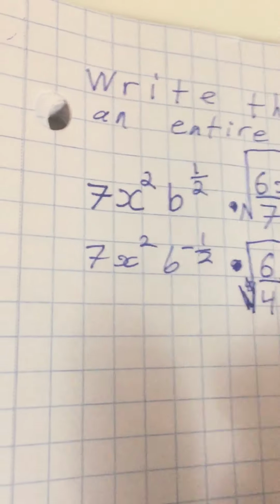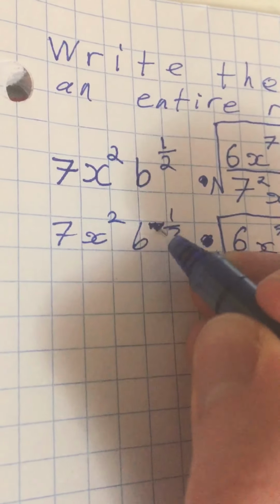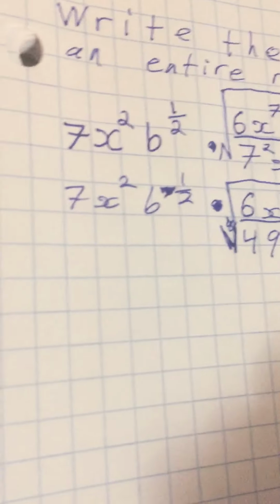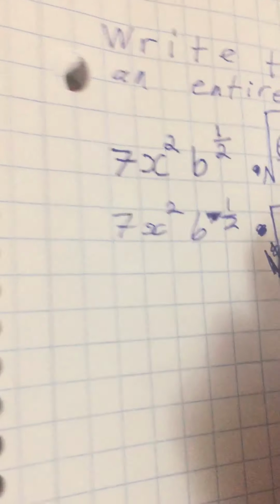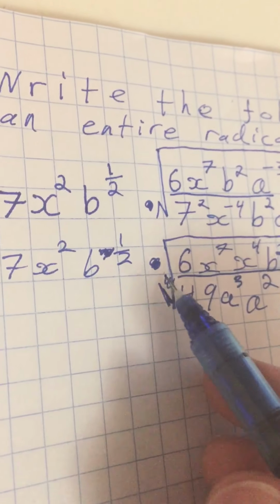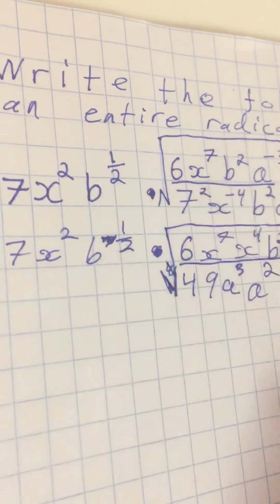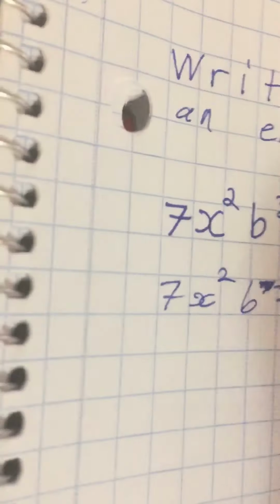And now my next step, I'm going to do 2 steps at once here. I'm going to turn 7x squared b to the 1/2 into a radical. So I see that there's not a specific number here, so I know that by default it is a square root.